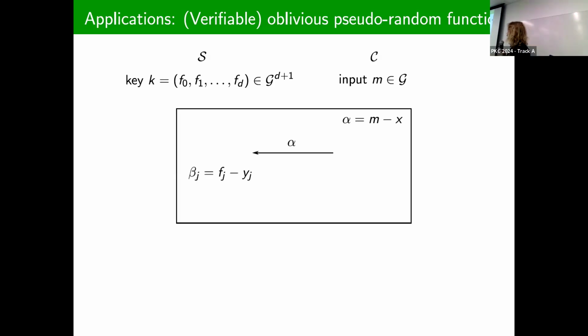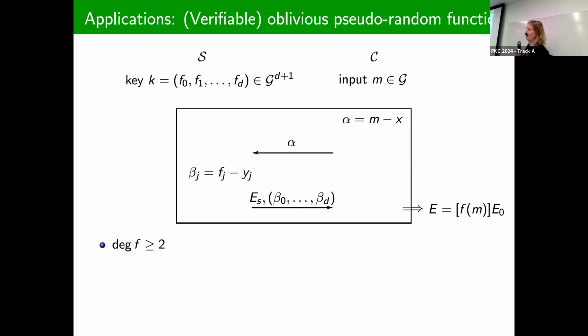The server masks its polynomial coefficients, and sends some evaluation of some curve plus the masked coefficients to the client. And then the client can use this and runs its part of the computation, and the output is just a polynomial evaluation of the message. And because everything is masked, the client doesn't learn anything about the polynomial's coefficients, and the server doesn't learn anything about the message. So we have some conditions on F for this to work.